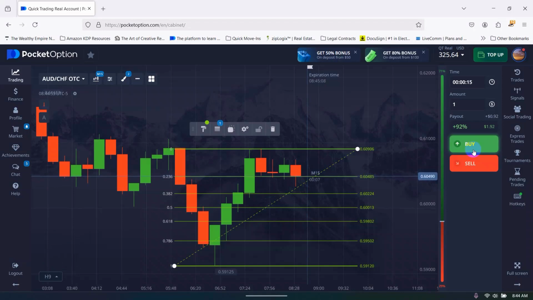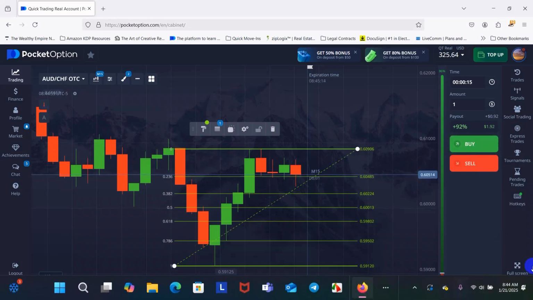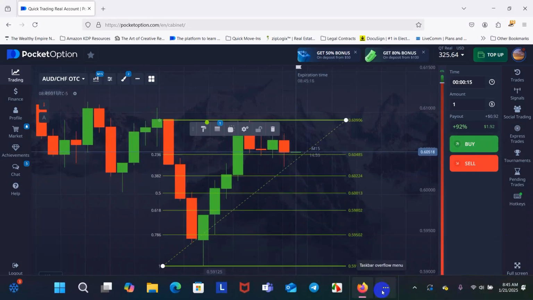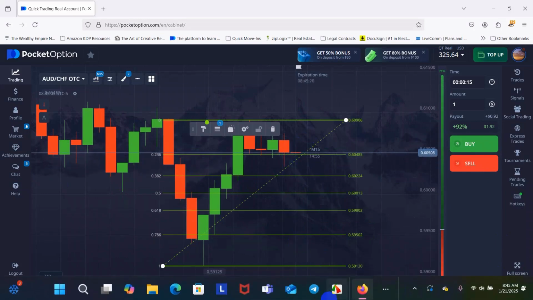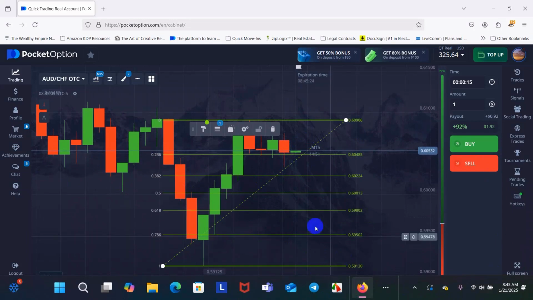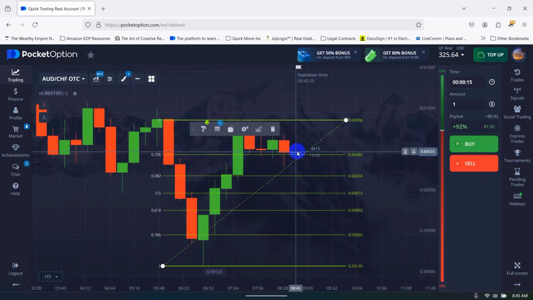All right, so let's see. We said, okay, so a new candle has started. And see how this green candle is starting to pull back into this candle?